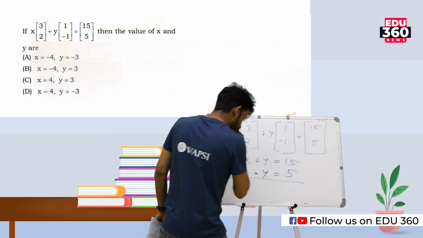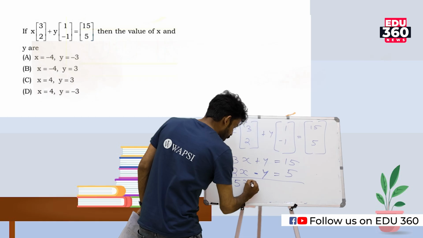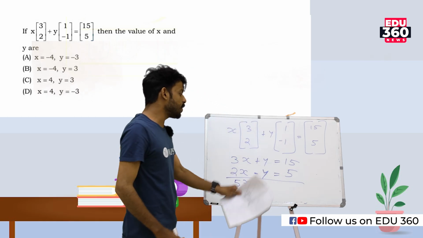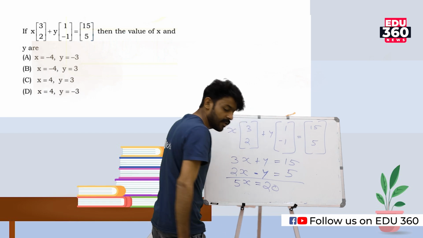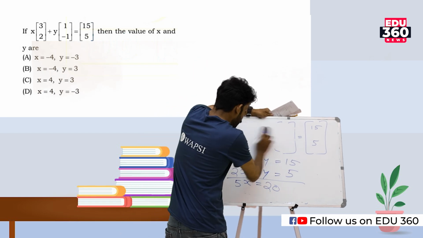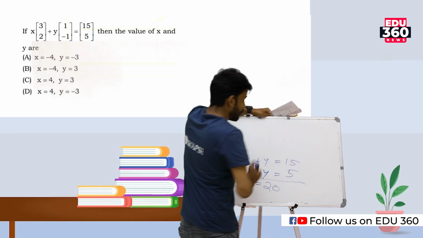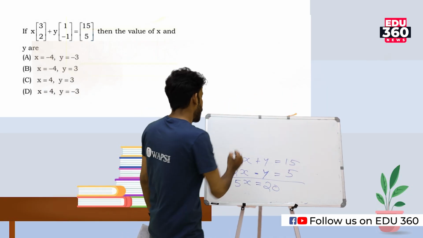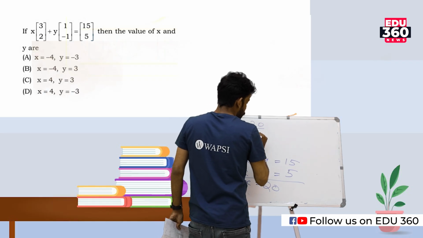On adding, 3x plus 2x is 5x, plus y minus y, they will cancel. So 5x is equal to 20. So hereafter the value of x is equal to 20 by 5.